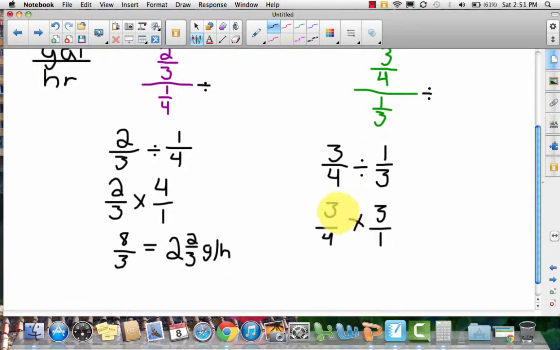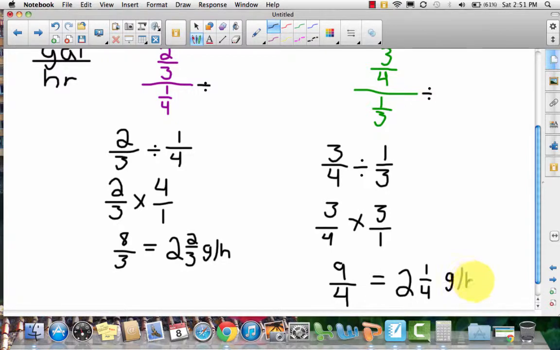I can multiply my numerators, 3 times 3 is 9. Multiply my denominators, 4 times 1 is 4. And I simplify. So 4 can go into 9 2 times with 1 left over. And we keep the 4. So pool B is leaking 2 1/4 gallons per hour.